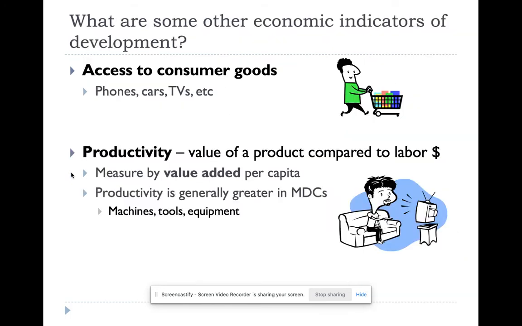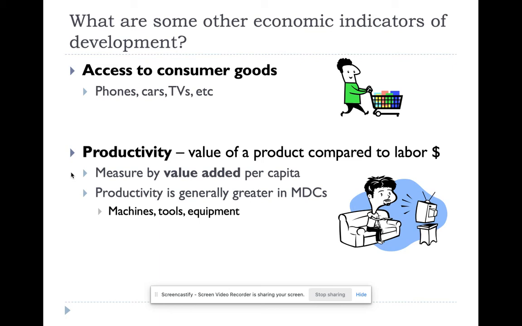Right. Other things to look at when it comes to economic indicators: number of phones, TVs, cars, stuff like that, access to internet, stuff like that. All right. And then productivity, right, is a pretty important piece, right? The value of a product compared to the labor dollars, right? So how productive are your workers, right? And MDC workers are much more productive because they have the machines, the tools, and the equipment.